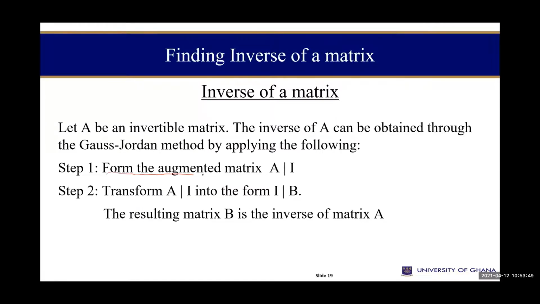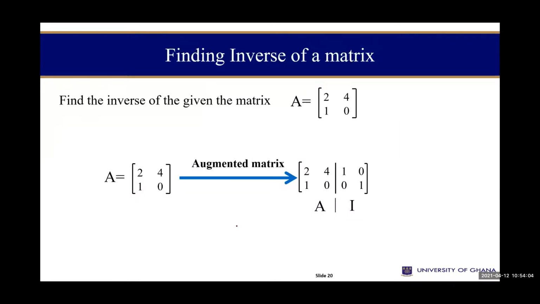Step 1: formulate or form the augmented matrix. Then the next step says transform A into the identity matrix, and the resulting matrix B is the inverse of A. Please look at this. If I have this matrix, this time around, I'm not finding the identity matrix for A. I want to find the inverse of A. Okay?